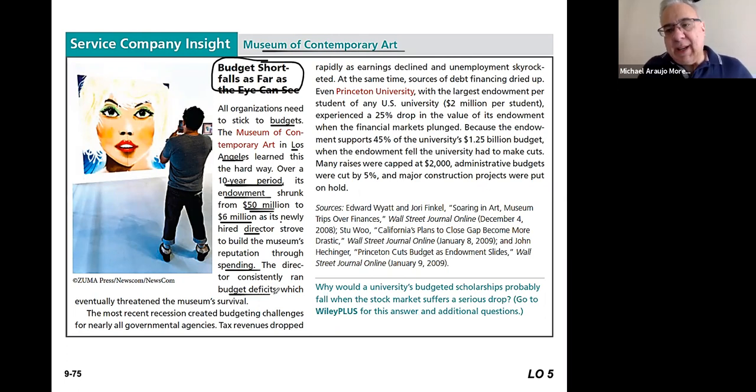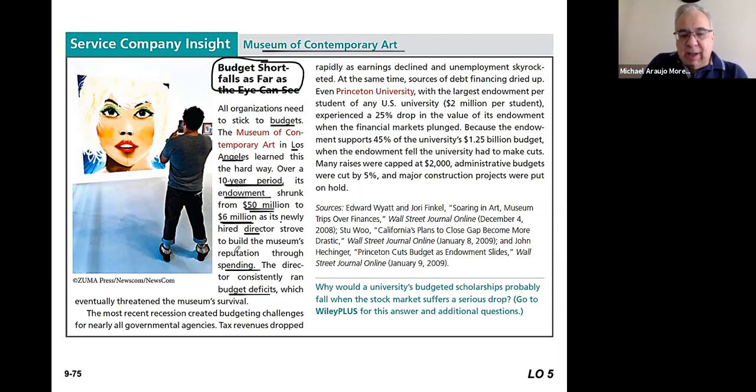So, in the case of a nonprofit like a museum, if they spend more money than they take in from people visiting the museum, they usually have this pool of money, this endowment money, that they pull from to cover the gaps. Of course, there's a limited amount of that money. So clearly, when you went from 50 million down to 6 million, almost 90% of the money is gone, which is a lot. That's an incredible amount. Okay.